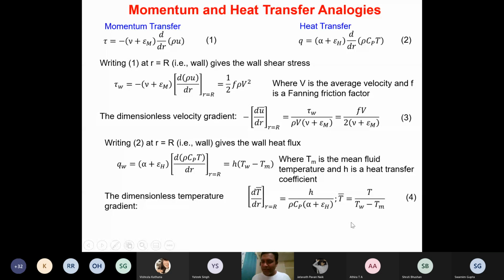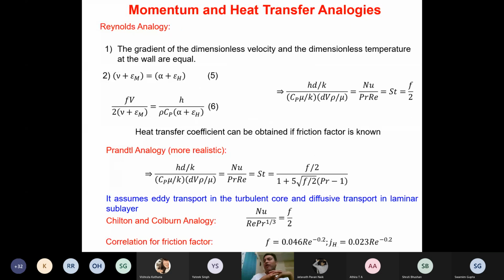Okay, now what has been given by Reynolds? What Reynolds said, while making the analogy, is that the gradient of dimensionless velocity and the dimensionless temperature at the wall are equal. That is what Reynolds has assumed.